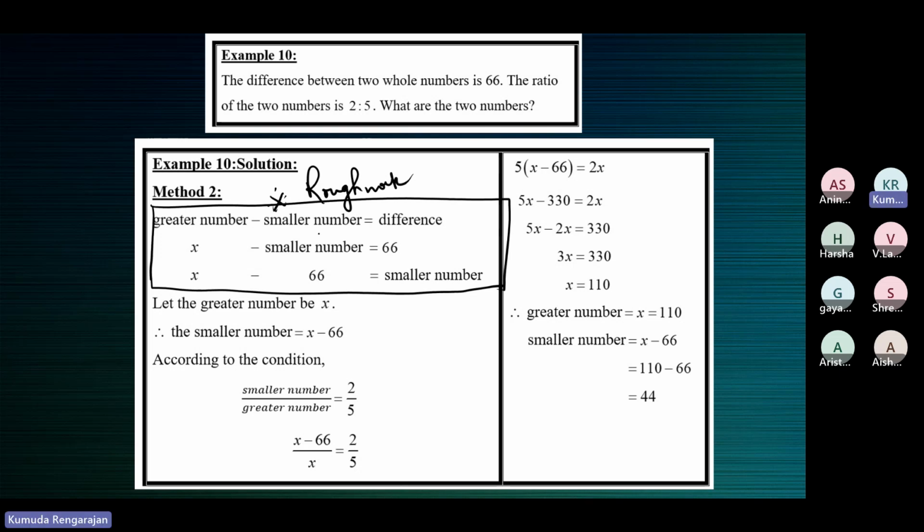So greater number minus smaller number is equal to difference. Here we call the greater number x, minus a smaller number is equal to 66. When you bring 66 to the other side, it is minus 66, and minus smaller number to the other side is plus smaller number. So if the greater number is x, the smaller number is x minus 66.